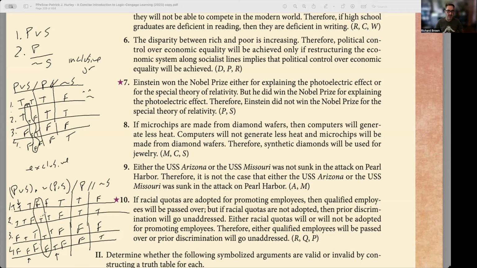In fact, you can see that when both of the premises are true, then the conclusion is also true. And every other case has a premise being false. So this argument is valid, and this argument here is invalid. So this argument is the invalid one, and this argument is the valid one.